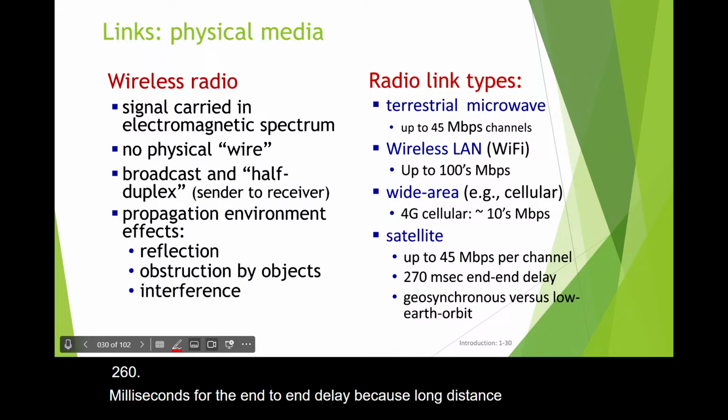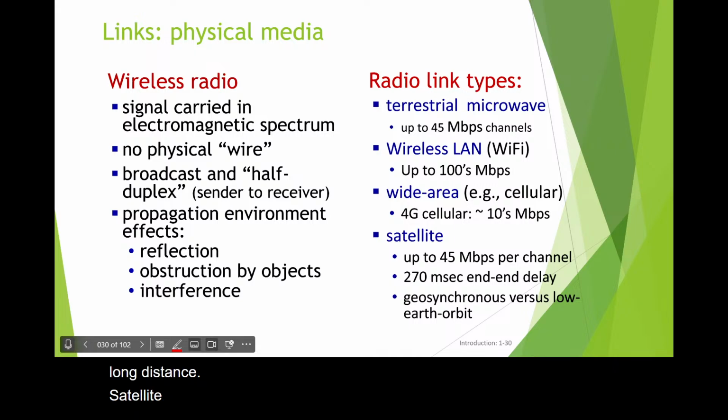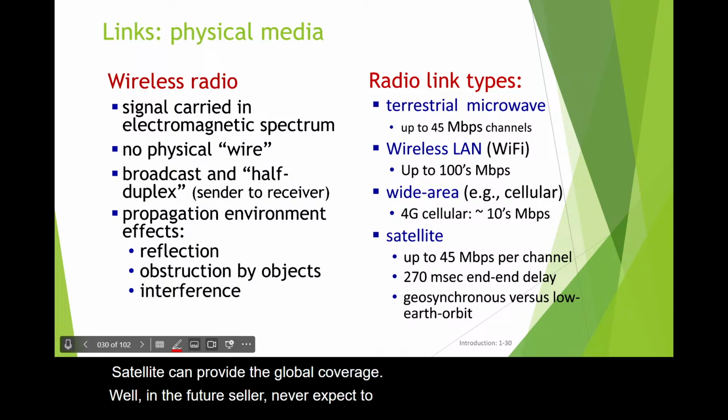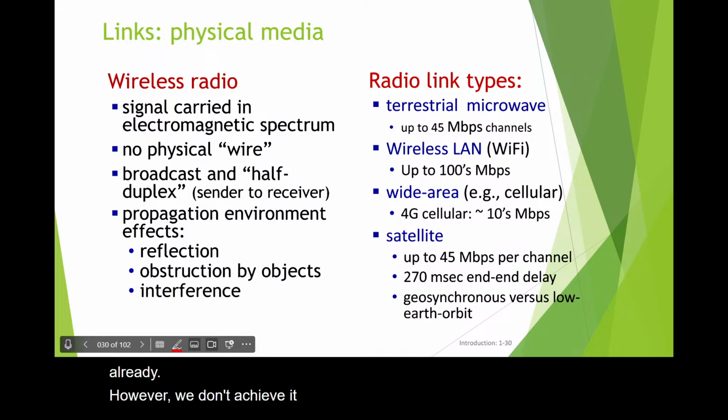However, even with long distance, satellite can provide global coverage. In the future, cellular networks expect to have global coverage. However, it's not really easy to reach it. Even in the past, we had satellites already. However, we didn't achieve it.